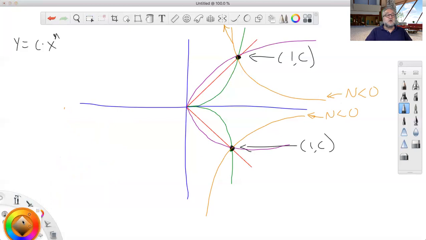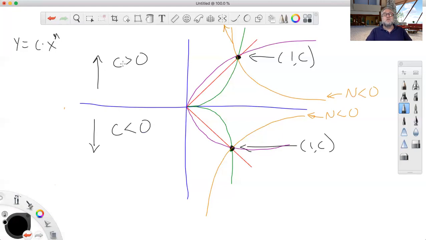Everything up here is for c greater than 0. Everything down here is for c less than 0, right? Positive leading coefficient, you're on the top half. Negative leading coefficient, you're on the bottom half.